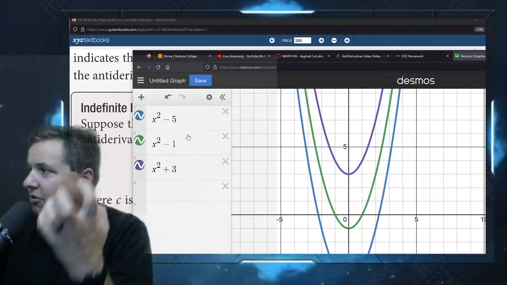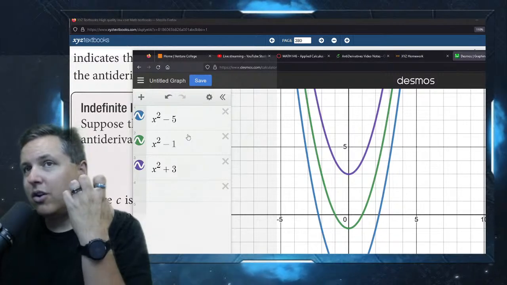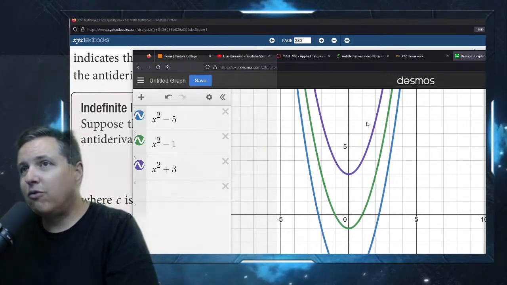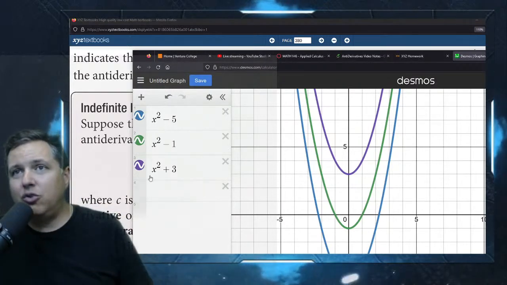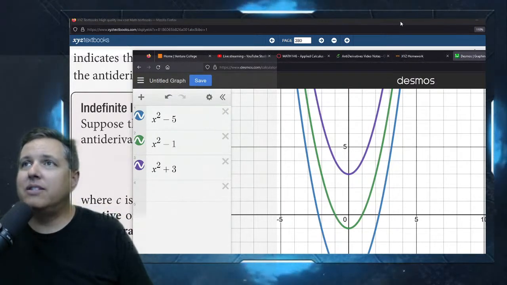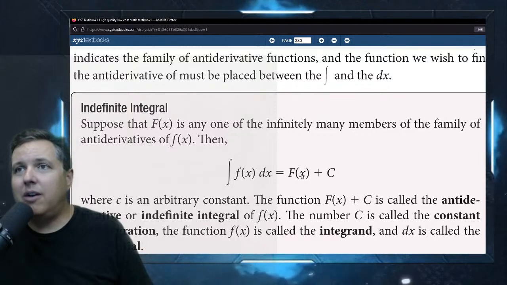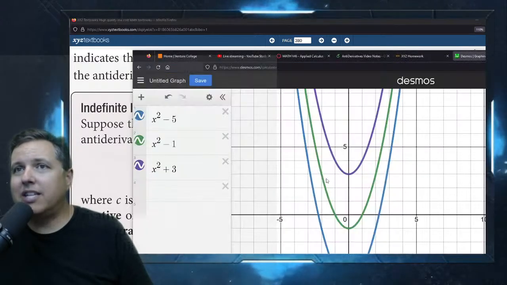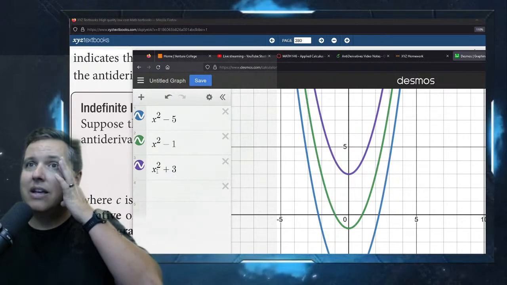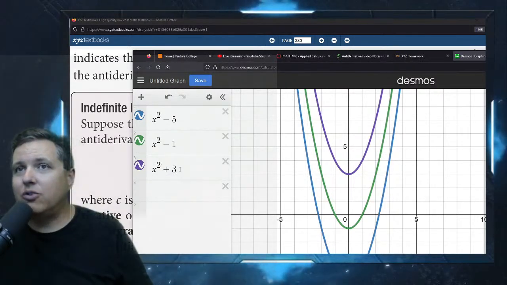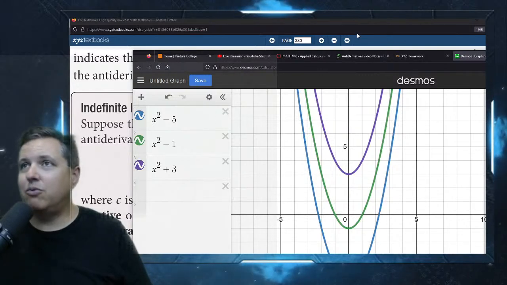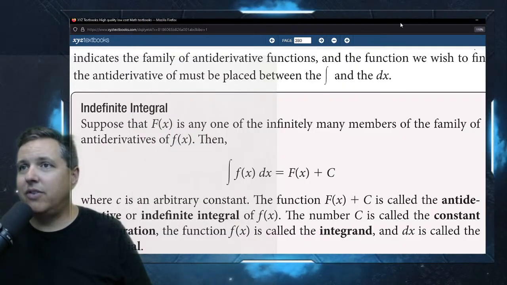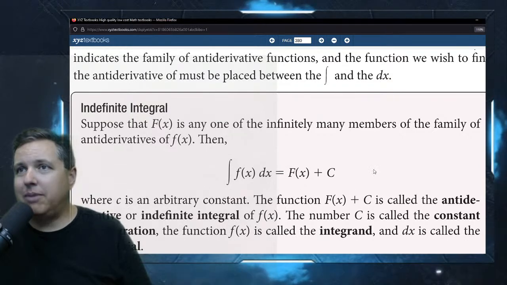It captures the infinite number of functions which are vertical translations of each other and all have derivative 2x. In this case, we would just write x squared plus c. Those are all the functions that have derivative 2x. Anything written as x squared plus c has derivative 2x. So that's what this means.